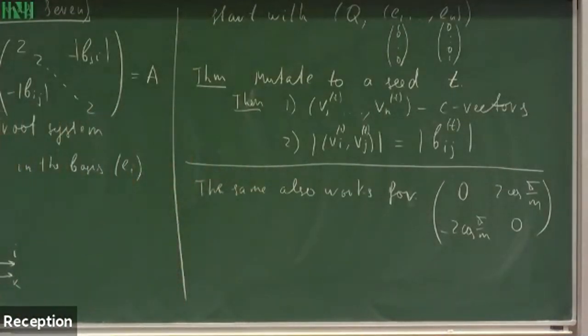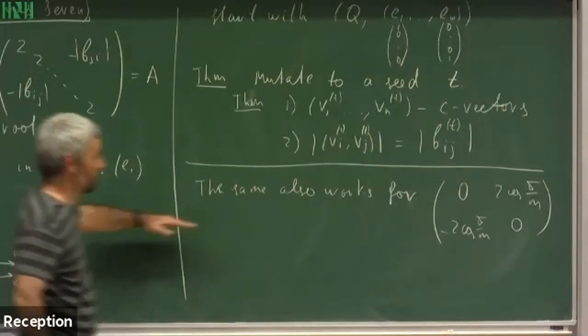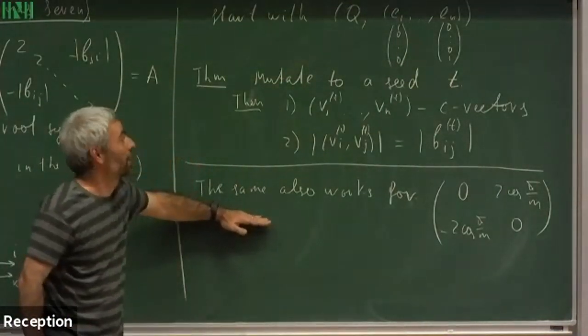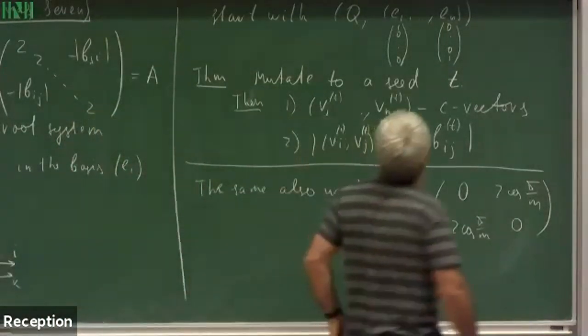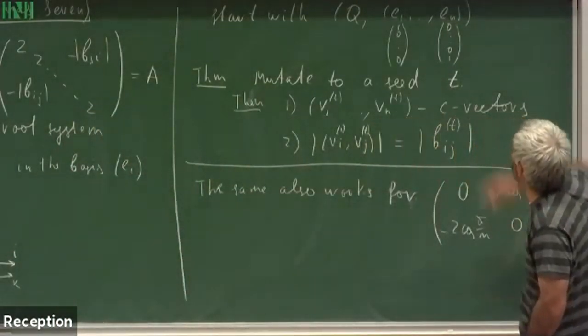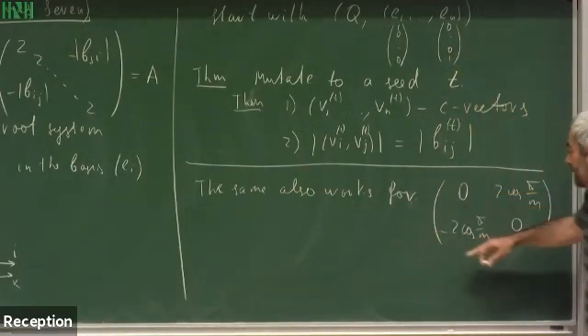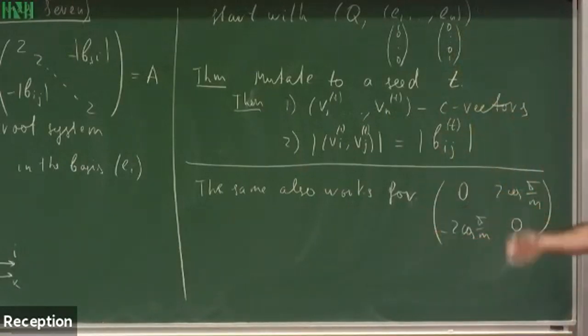In some sense, it's easier to speak in terms of the usual reflection, because it gives you some geometry. And using these, one can show, it's not too difficult, that these imply the properties of the mutation.